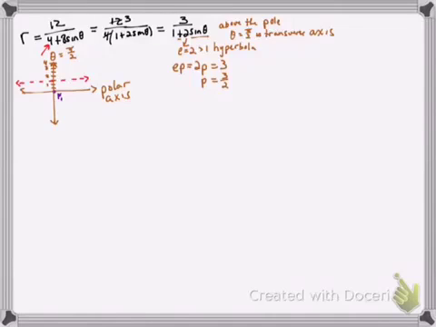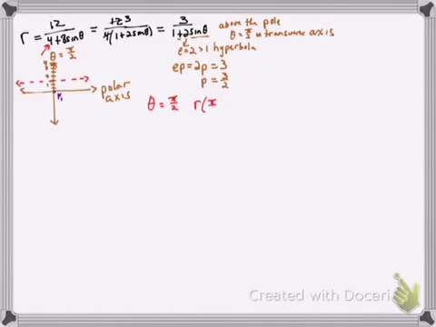It has nothing to do with the transverse or the conjugate axis. It's just there. But the transverse axis is going to be perpendicular to the directrix every time, so you can count on that. Seeing that the transverse axis is going to be theta equals pi over 2, I'm going to find out where the vertices are by plugging pi over 2 into our equation.